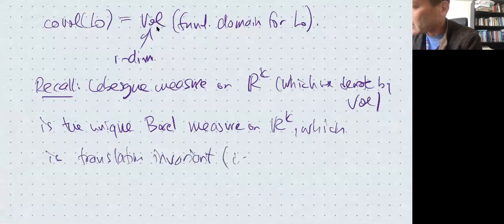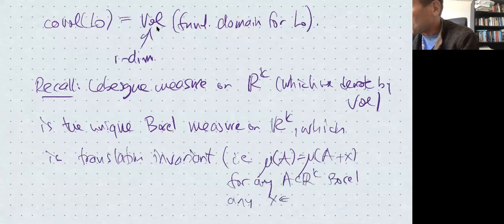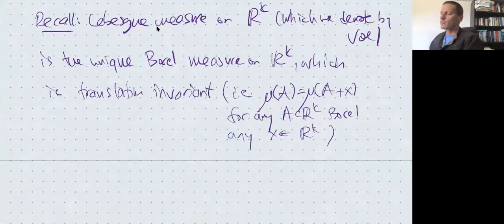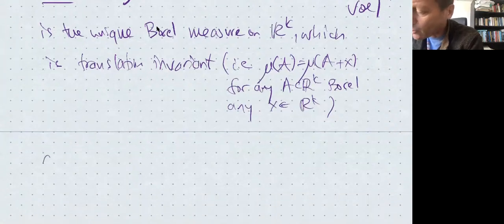This means that the measure of A is equal to the measure of A plus x for any Borel set A and any x in R^k. So the measure of a set doesn't change when you translate it by a vector, and is normalized.